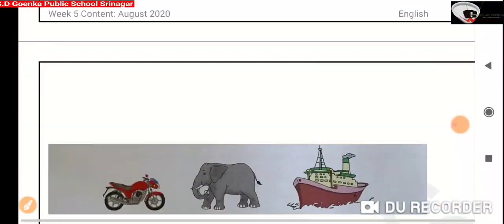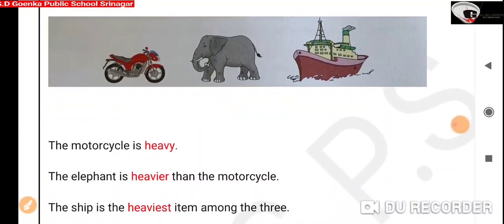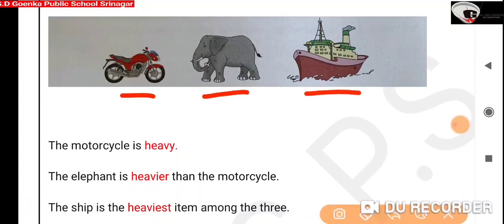Let's look at one more example for better understanding. In this picture, we have a motorcycle, an elephant, and a ship. If we are talking about the motorcycle, it is heavy. There is no comparison, so we're using the positive degree. Now, if we compare the motorcycle with the elephant, the elephant is heavier than the motorcycle.